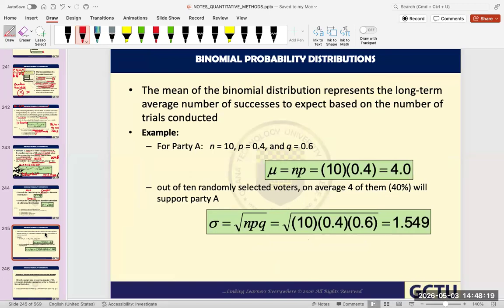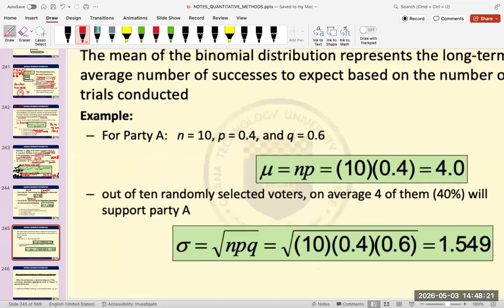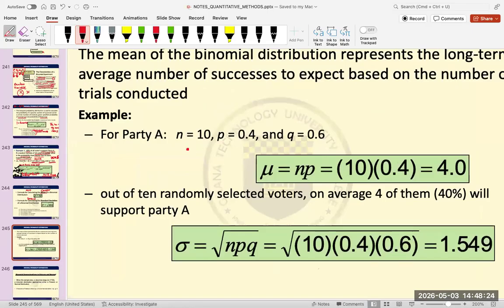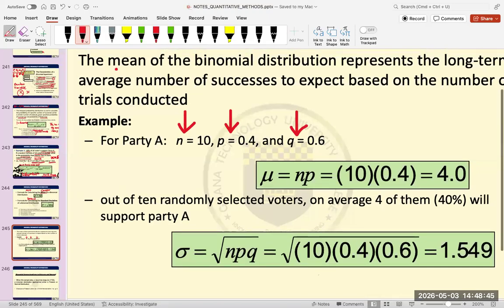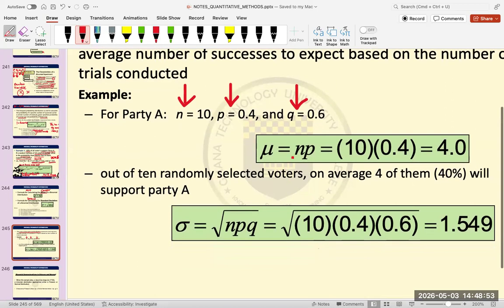So in the same party question we did, these were the figures we had. We had n to be 10, p to be 0.4, and q to be 0.6. When you are asked to find the mean, which is the center of the binomial distribution, all you do is pick this mean formula.